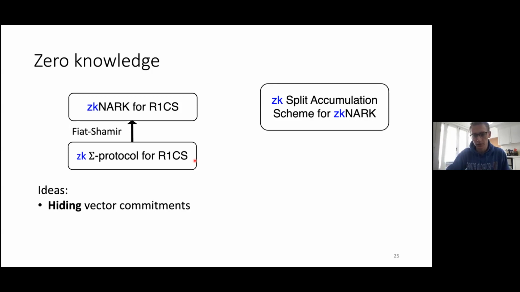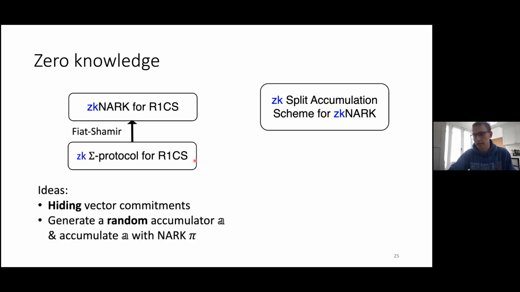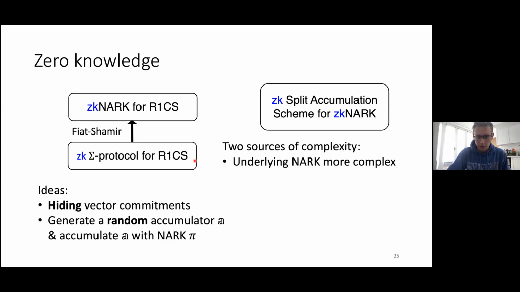The ideas we use for that are a hiding vector commitment, of course, and then, in order to get this zk split accumulation, we also have to accumulate a random accumulator in addition to A. This makes our scheme a little bit more complex, because the underlying NARC is more complex, and then the split accumulation scheme also needs to be zero knowledge.